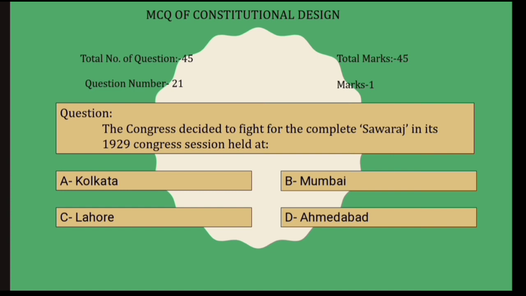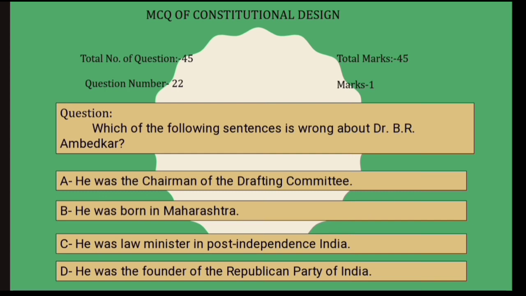Question 21. The Congress decided to fight for the complete Swaraj in its 1929 Congress session held at Option A. Kolkata, B. Mumbai, C. Lahore, D. Ahmedabad. Correct option is C. Lahore. Question 22.